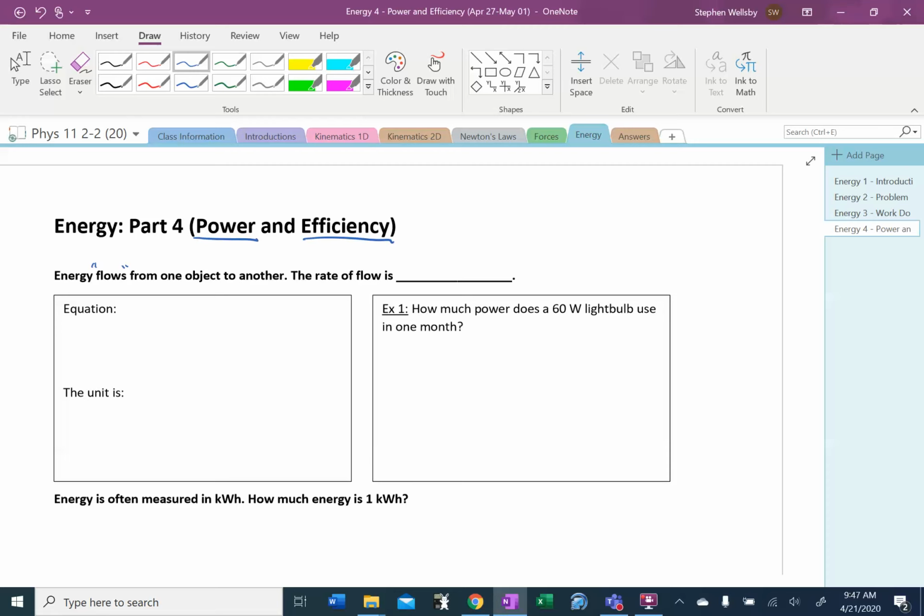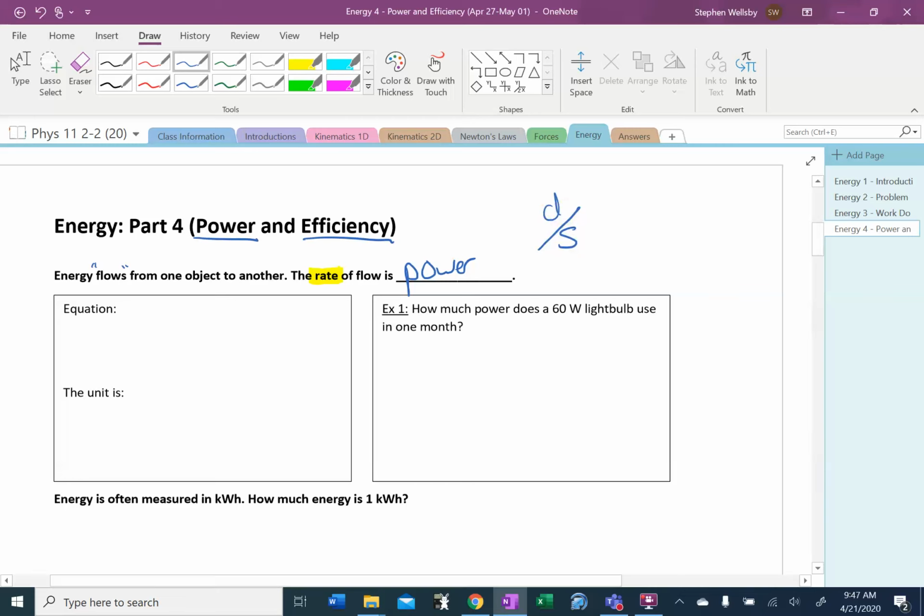And how quickly energy is transferring, how quickly energy is going from one place to another or from one form to another even, is what we refer to as power. Now, whenever you see this word here, rate, whenever you see rate in a physics context, we're really always saying how much something is transferring per second. So if you think of velocity, velocity could be described as the rate at which a position is changed.